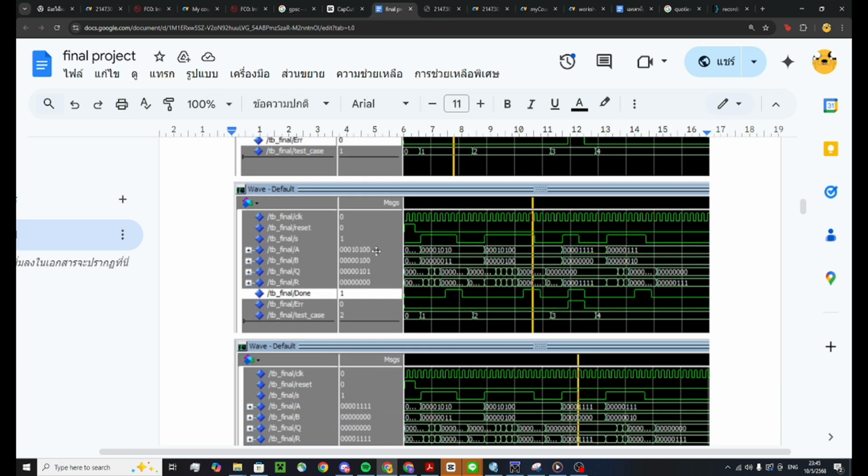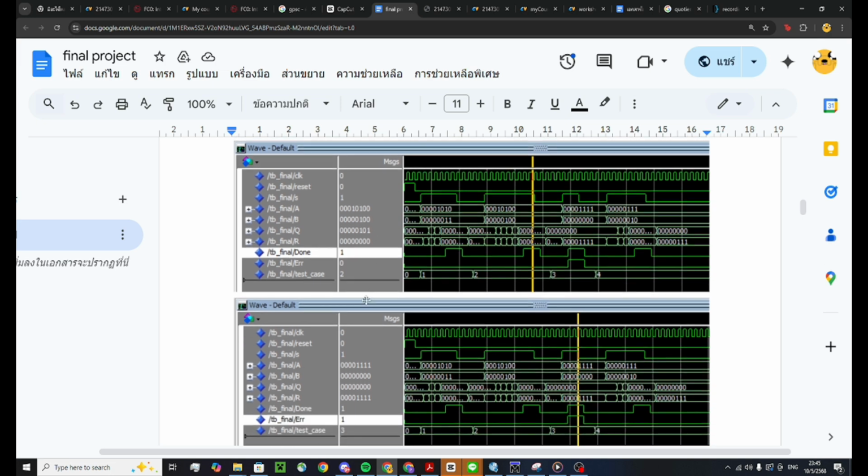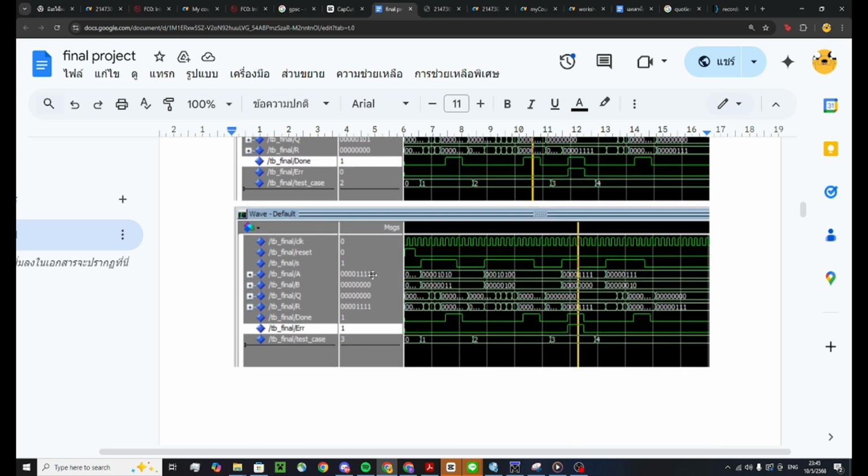For the second test case, 20 divided by 4 will equal 5 with a remainder of 0. As you can see, it's a perfect division, only Q here and no R, and also no error. Our third test case is 15 divided by 0.